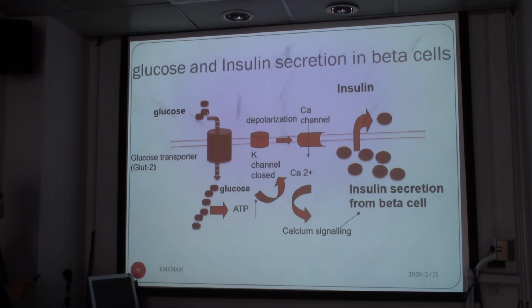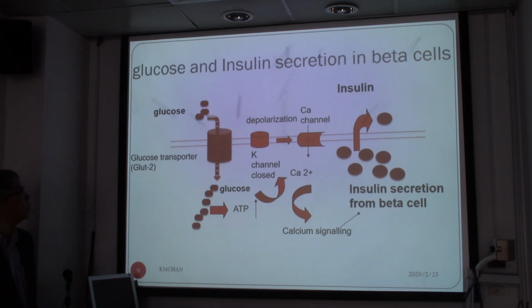So glucose is brought in, and then the ATP levels will increase, and the ATP will stimulate the calcium channels, bringing about calcium signaling to stimulate the release of insulin from beta cells. So this is happening in the beta cells, with the GLUT2 glucose transporter sensing the amount of glucose in the blood, and this stimulates the pathway to release insulin.